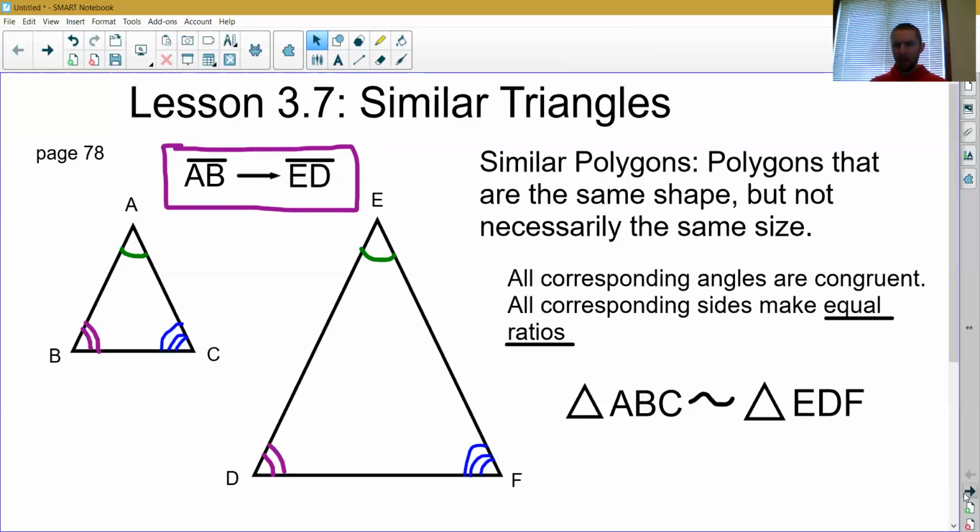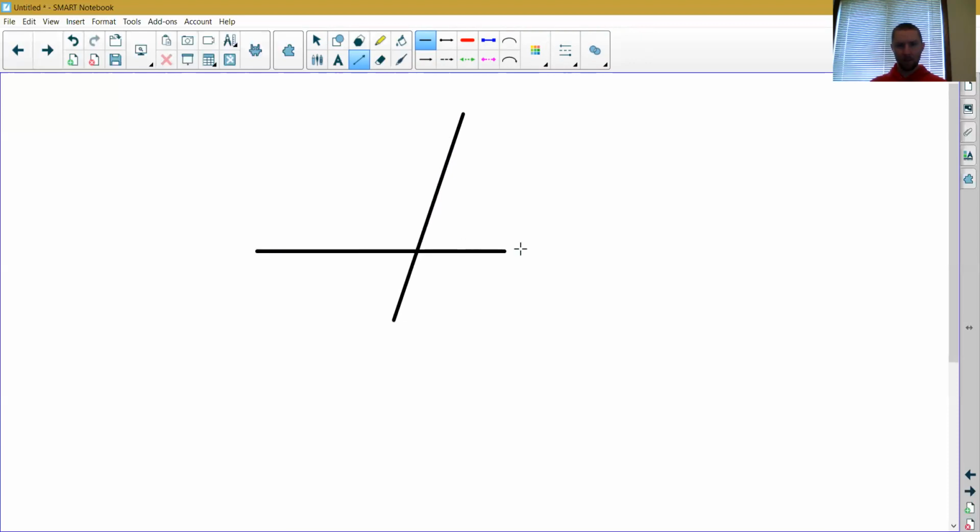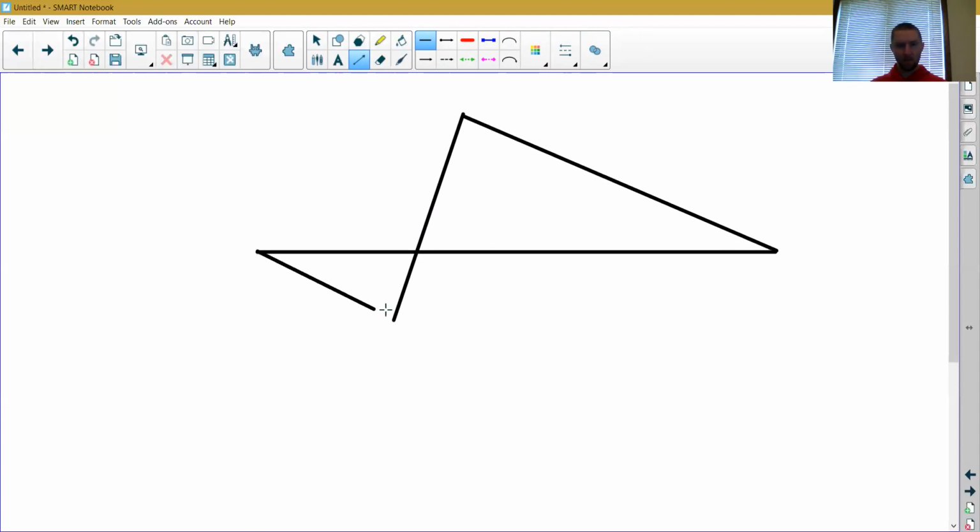The one thing that I also want to point out to you is that sometimes our triangles are not perfectly, they're not like right in line with each other, okay? So we can do something like this, something like this, and then something like this, something like this. Okay, these 2 triangles here could also be similar.